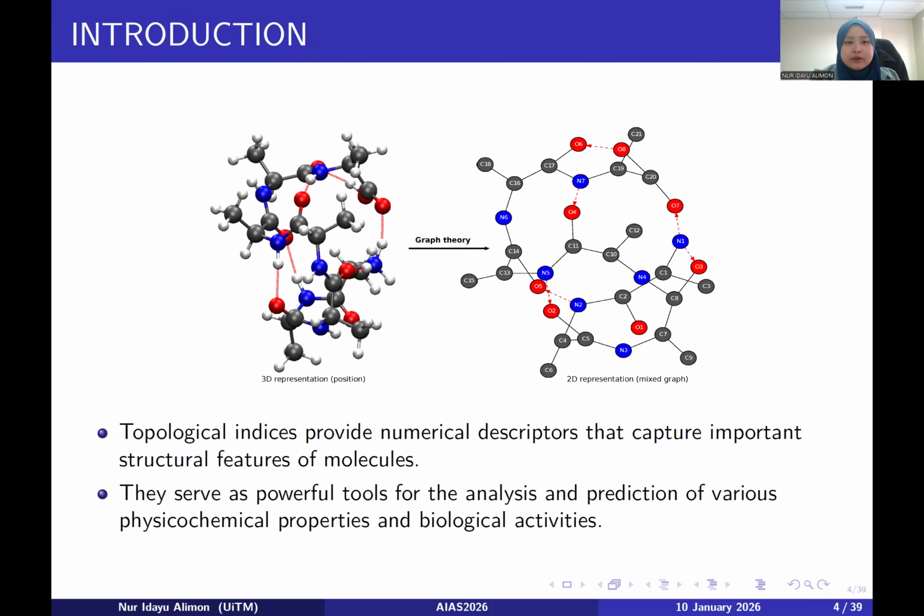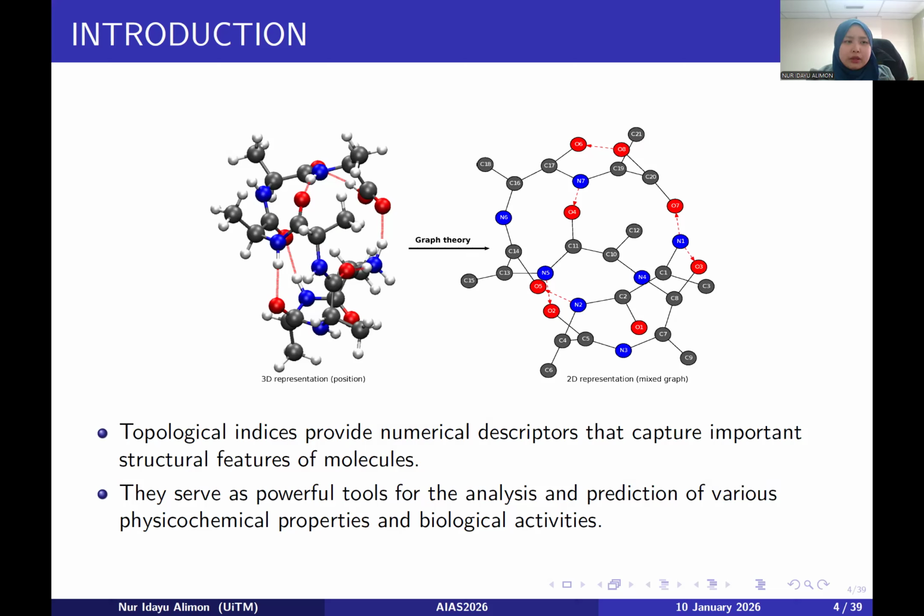Okay, so as you can see on the screen, we have these molecules that we convert by using graph theory to the 2D representations, which is the graph. So why do we actually study topological indices? The research on topological indices actually starts with the introduction of the Wiener index.